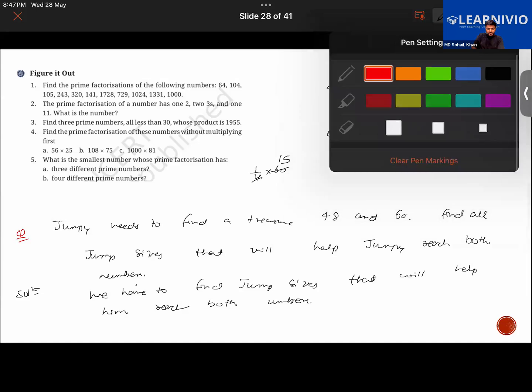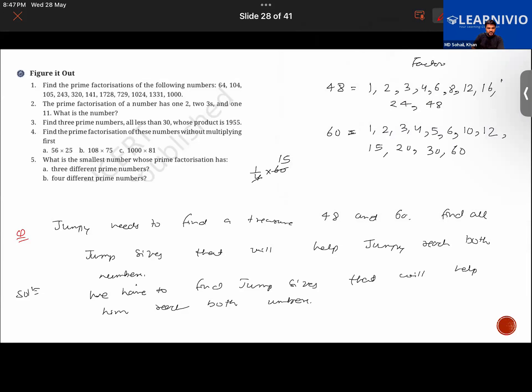So basically the question was asking us that Jumpy needs to find a tracer 48 and 60. Find all the jump sizes that will help Jumpy reach both the numbers. Suppose he takes a jump of size 5.